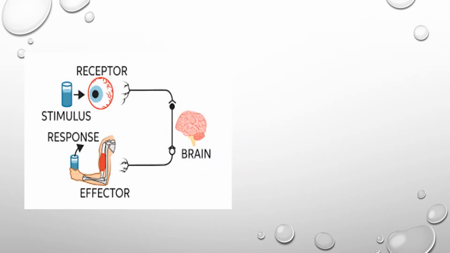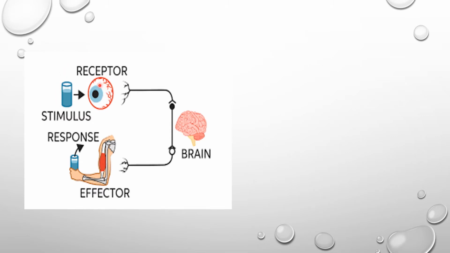Now let's study this picture as an example for irritability and coordination. If you consider this image, it has an eye and a glass of water. The eye is the sensory organ which receives the stimulus of light. So the eye sees that there's a glass of water.